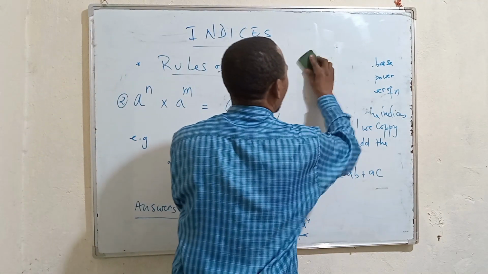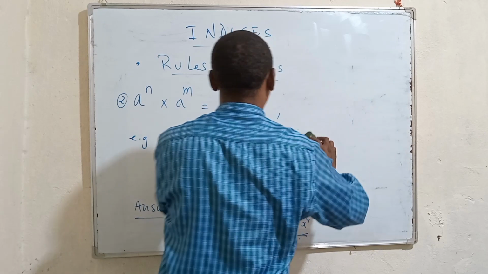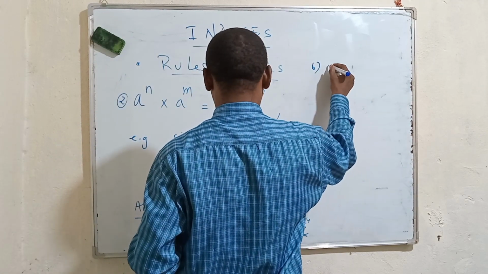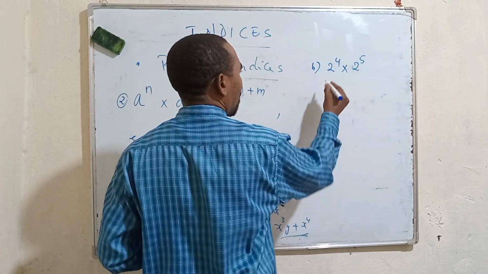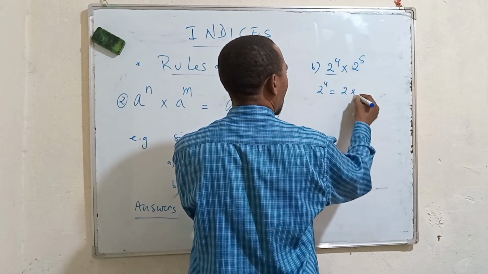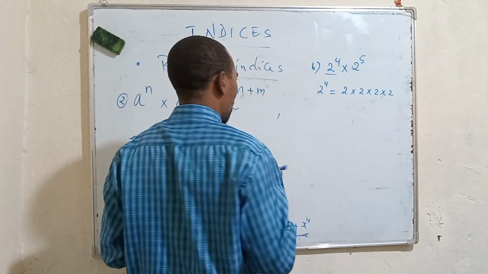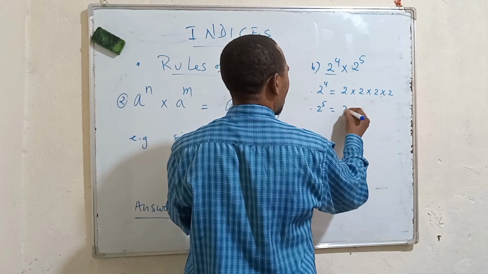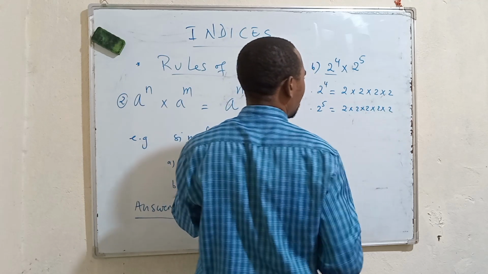Example 2: 2 power 4 times 2 power 5. This 2 power 4 itself is 2 times 2 times 2 times 2, 4 times, by using the first property. 2 power 5 is 2 times 2 times 2 times 2 times 2, 5 times.